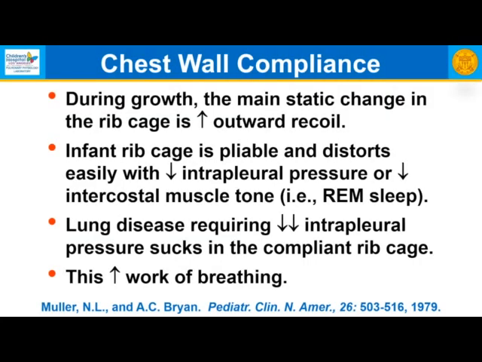During growth, the main static change in the rib cage is increased outward recoil. The infant rib cage is pliable and distorts easily with more negative intrapleural pressure or less intercostal muscle tone, i.e. REM sleep. Lung disease requiring more negative intrapleural pressure sucks in the compliant rib cage, and this increases work of breathing.